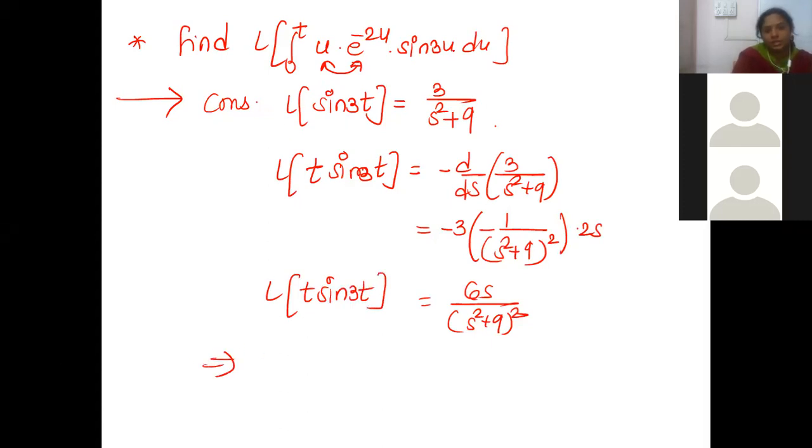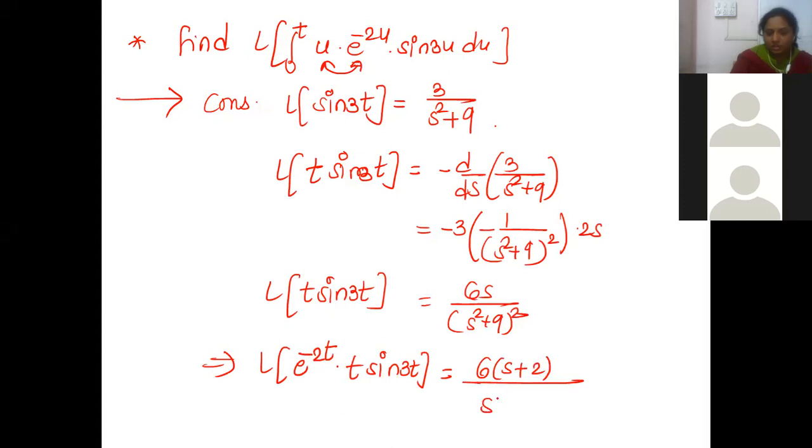Next, on that you should write e raised to minus 2t into t sine 3t. Which property is this? First shift. And what will be the change? s becomes s plus 2. Very good. Wherever there is s, it is now s plus 2, with all other attributes remaining the same.